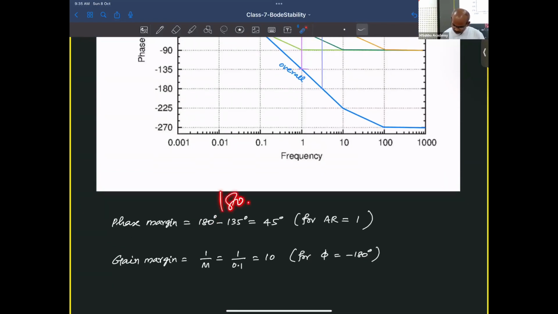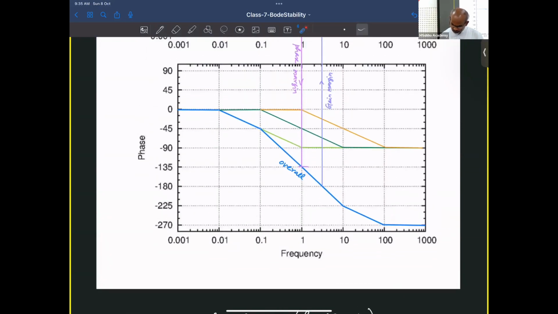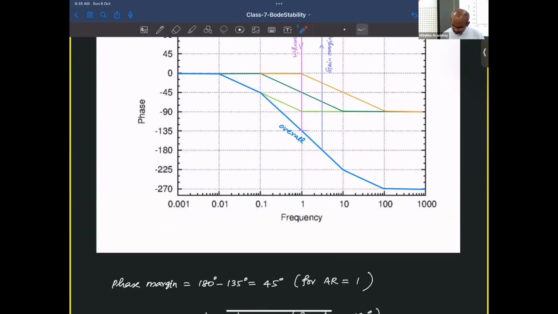Phase margin is 180 minus the phase lag corresponding to the amplitude ratio of 1. So the phase lag is 135. Fine. So it is 180 degrees minus 135 degrees. So this 45 degrees is the additional angle available over and above this. How much gap is available between this point and 180? That is the phase margin.